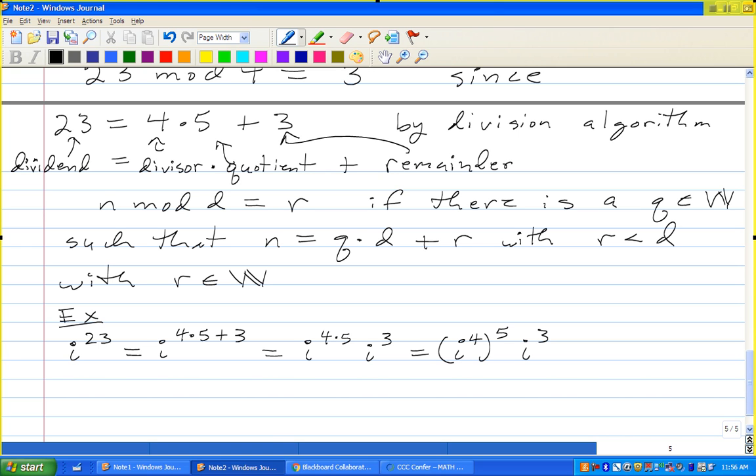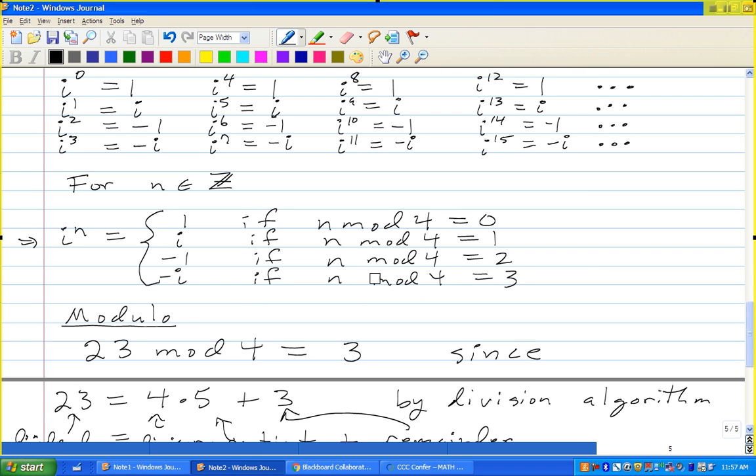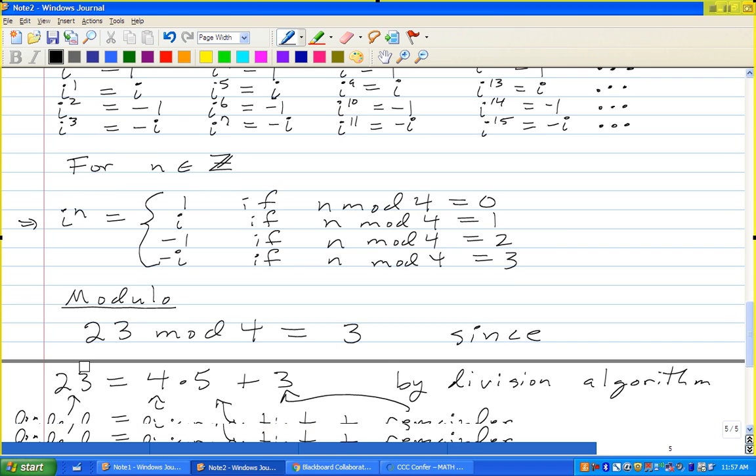Well, i to the 4th is i squared times i squared, negative 1 times negative 1 is positive 1. And so i to the 4th is always 1. So we use the fact that i to the 4th is always 1. That's why we don't need to worry about any multiple of 4. So if I get rid of all the multiples of 4, I take the modulo. All I'm doing here is getting rid of multiples of 4.